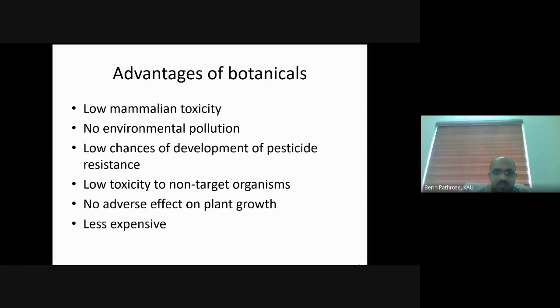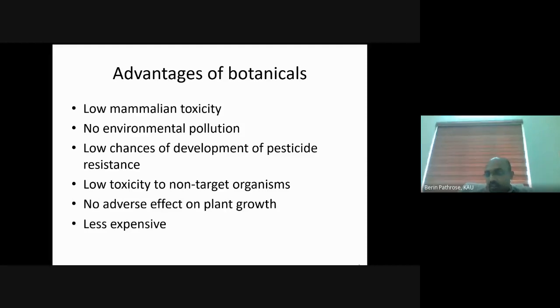So this statement is not always true. These botanicals can also have some toxicity to non-target organisms, and it may not have an adverse effect on plant growth. Again, it's not always true, because if we are not emulsifying neem oil properly and spraying it on a crop, it can lead to toxicity.